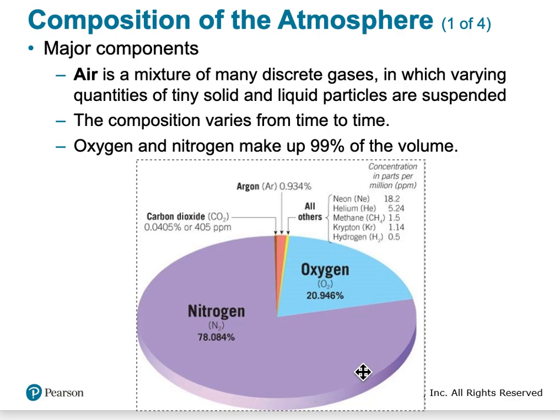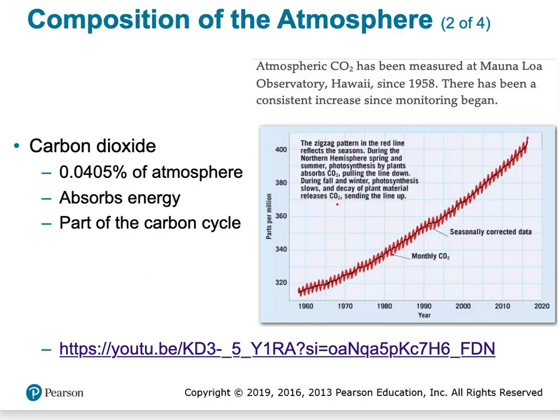Although nitrogen and oxygen are the most plentiful components of the atmosphere and are of great significance to life on Earth, they are of little or no importance in affecting weather phenomena. Whereas carbon dioxide does affect the weather, as we know, carbon dioxide is a greenhouse gas.